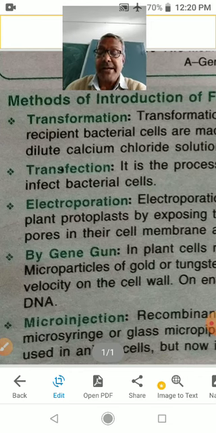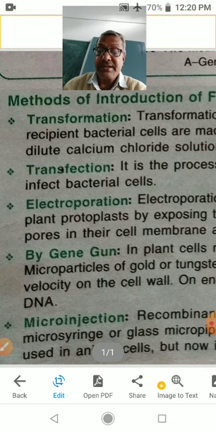The recipient bacterial cells are made competent to receive foreign DNA by placing them in cold and dilute calcium chloride solution. So, when recipient bacterial cell is placed in cold and dilute calcium chloride solution, it becomes competent to receive foreign DNA.